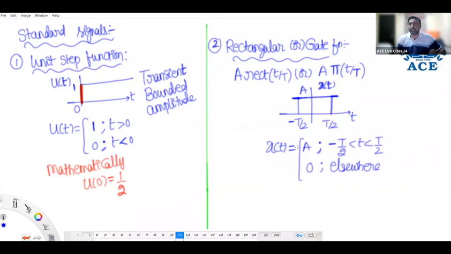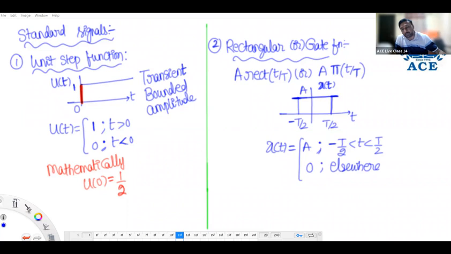Any digital signal is always represented as a rectangular pulse. Return to zero coding, non-return to zero coding, in communication we are using a rectangular pulse. Ideal form of impulse function is not possible, but mathematically it is an approximated version of a rectangular pulse.